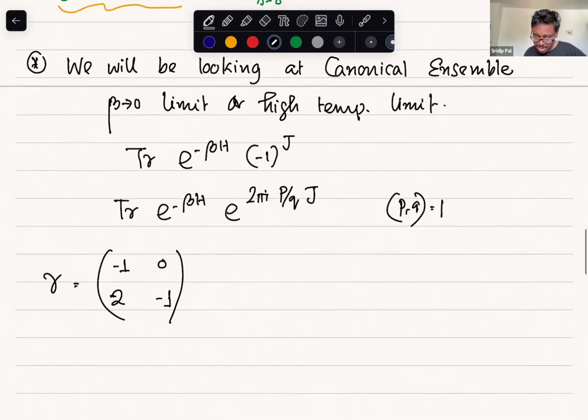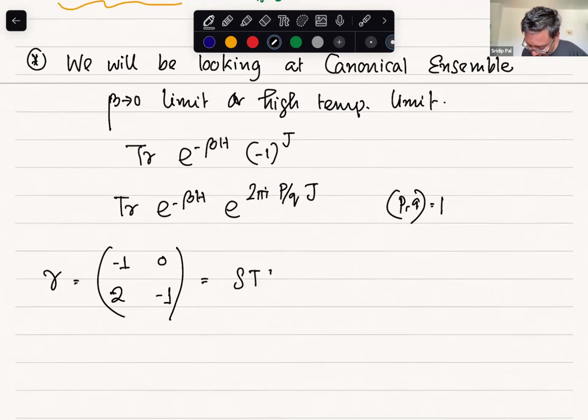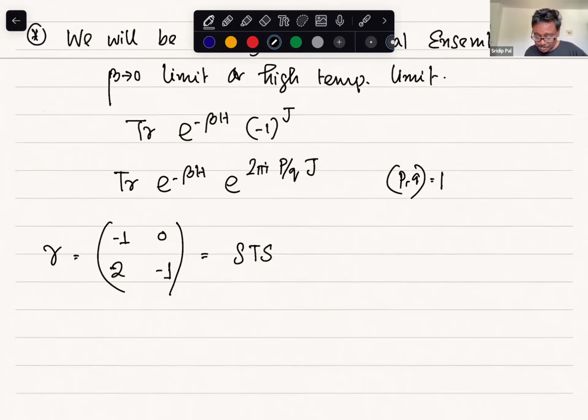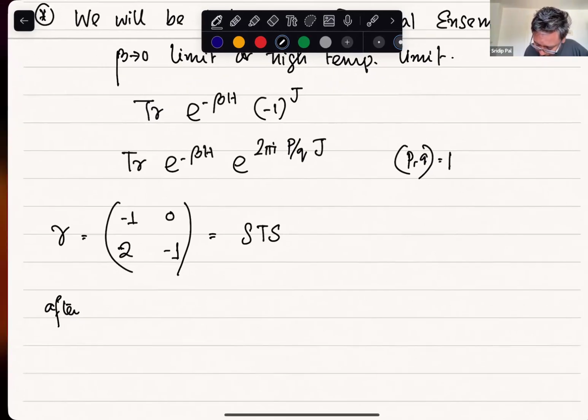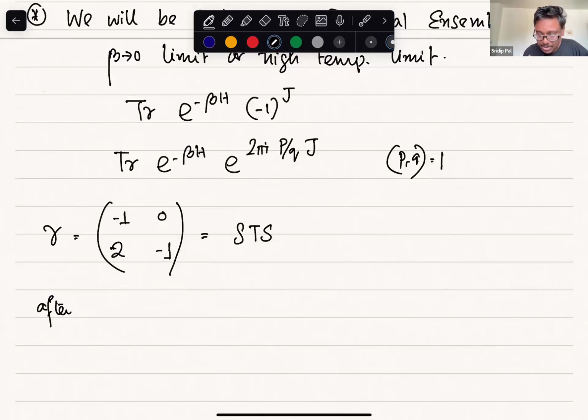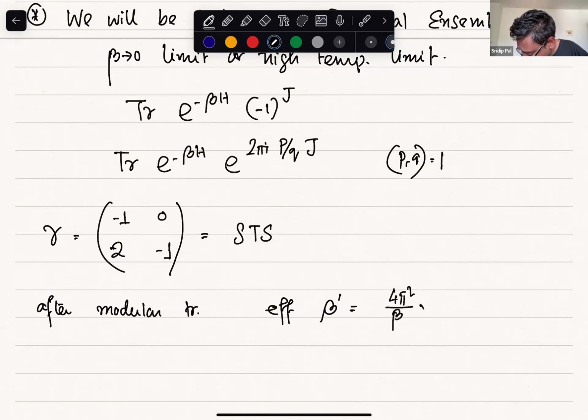This is not the S modular transformation, rather this is STS. If you use this modular transformation on this quantity, the modular transformation acts like a Mobius transformation, and after it the effective temperature, the effective β', will be 4π² over β times 1/4.